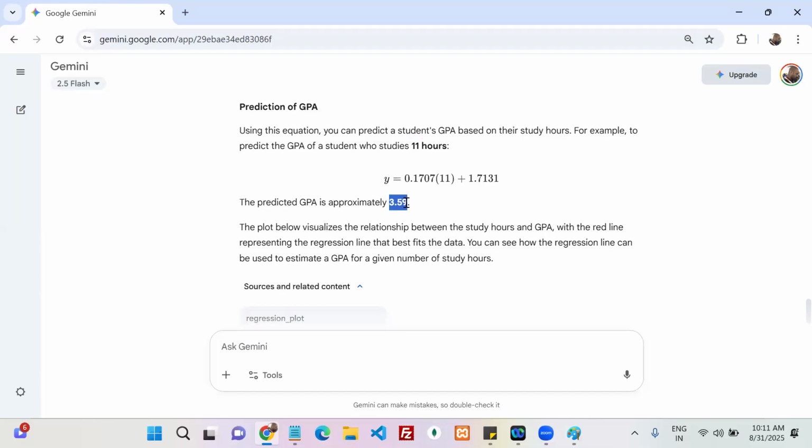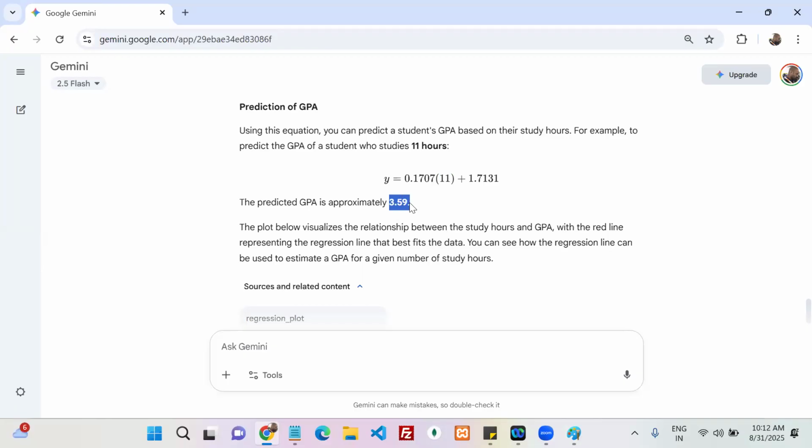This is the prediction through the formula, but using an ML model you can also get the same kind of output. Here the x value keeps on changing. For example, if my x value is 20 hours, then you can get some approximate GPA.